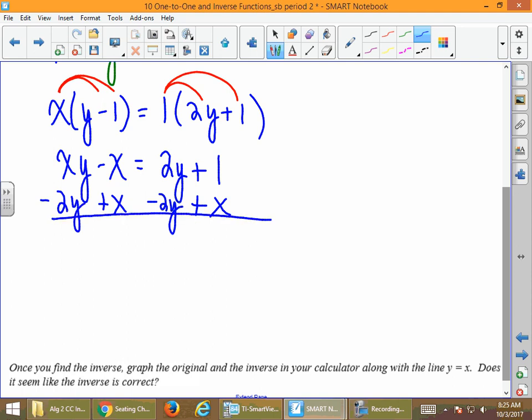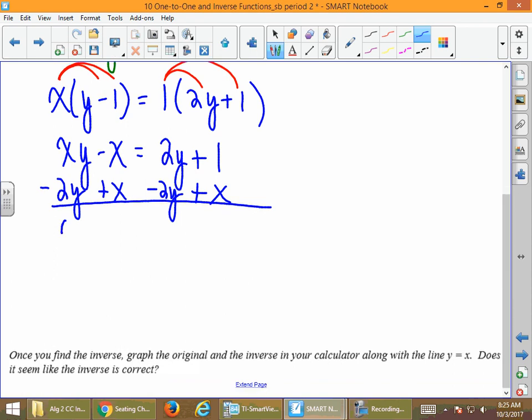It doesn't matter which side you move them, but get all of the y terms on the same side. Now we have xy minus 2y, because we've put all of the y's on the left, and over here on the right, we end up with 1 plus x.